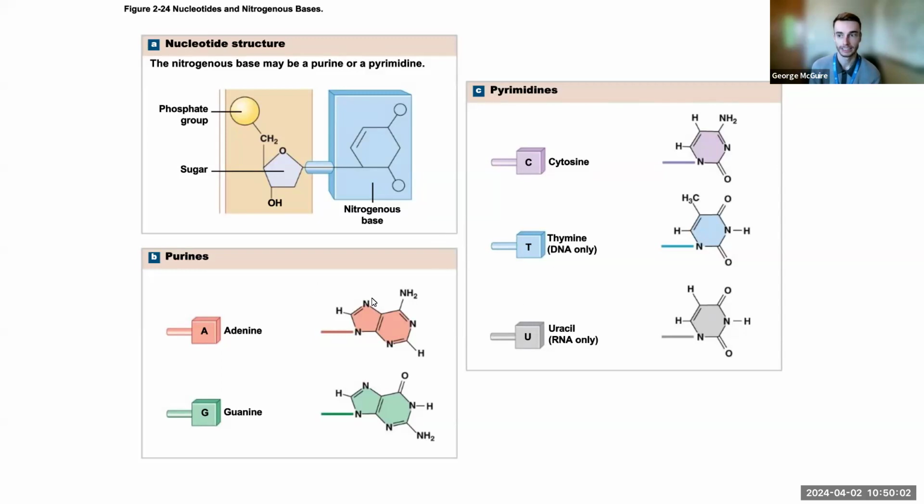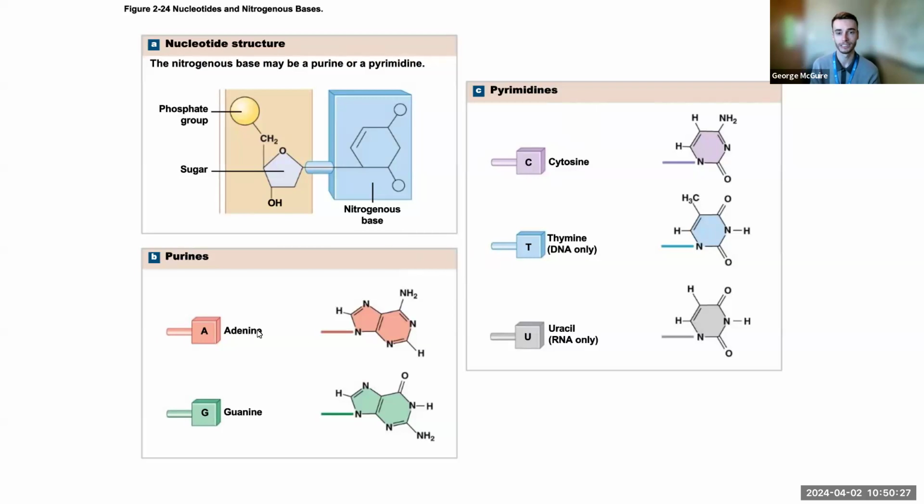And so we can categorize these as purines and pyrimidines based on how many of these ring structures show up on that nucleotide. And that dictates which other nucleotides they can form bonds with in that double helix structure of DNA. But for the purposes of this course, really knowing what a purine or pyrimidine is isn't very important.